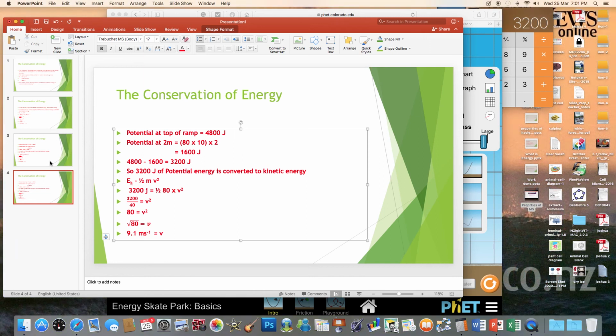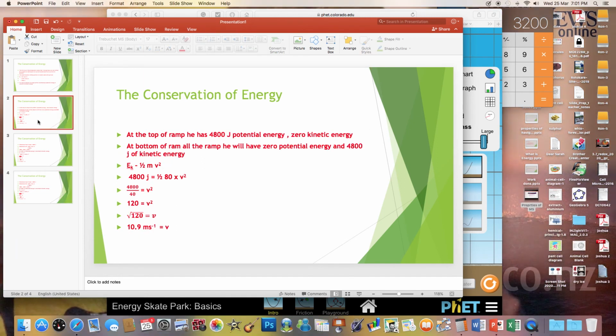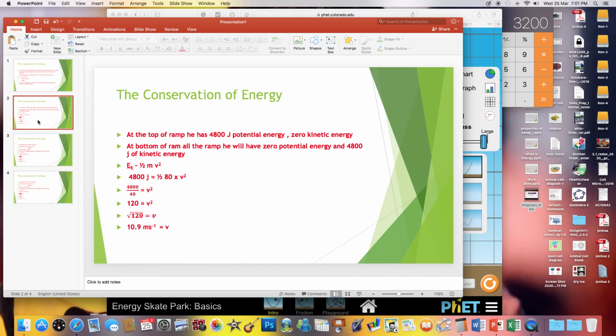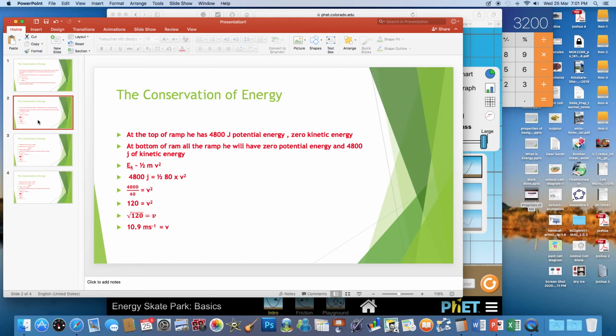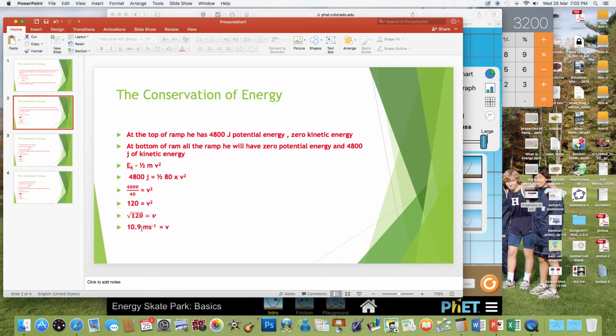Now, if you're thinking along the line, there's a mistake in here, because this would be at the bottom here. This would be at the bottom of the... So actually that's correct.